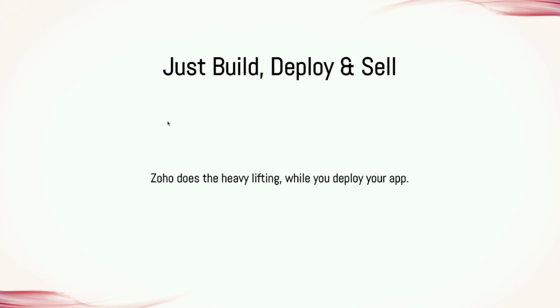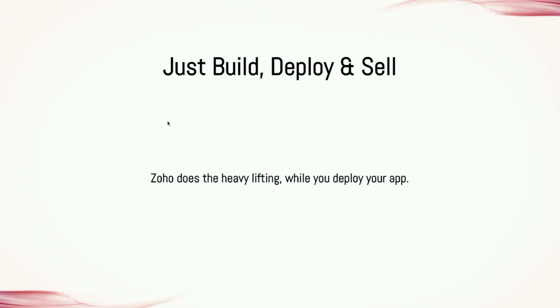All right, just like the development phase, the deployment and the process of taking your solution to market goes uncomplicated with the platform, because Zoho sets up a process to handle all heavy lifting tasks such as the sign up or sign in or authentication, billing, the security, whatever the process which is crucial to take your application to the market, all that will be handled by Zoho. So you don't have to worry about it at all.